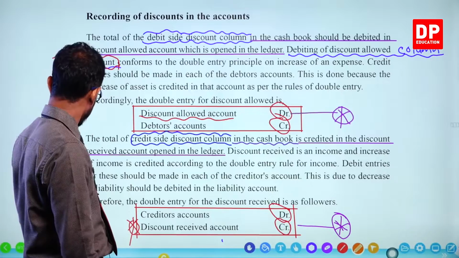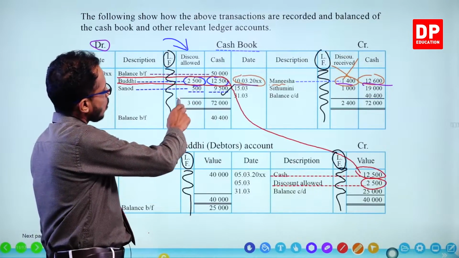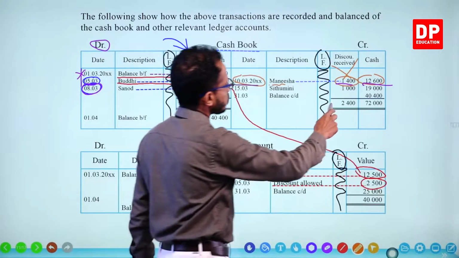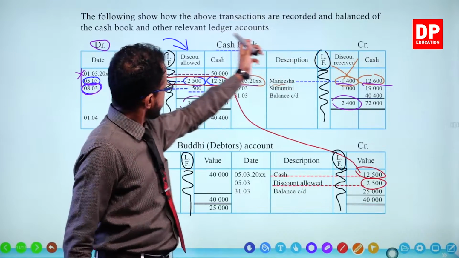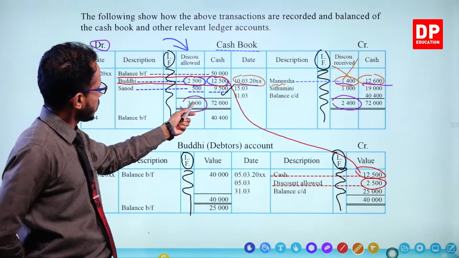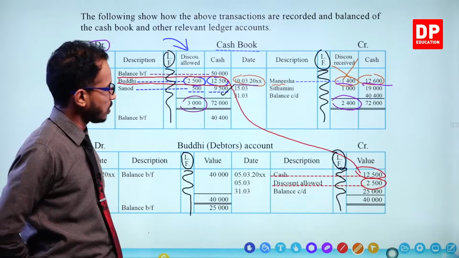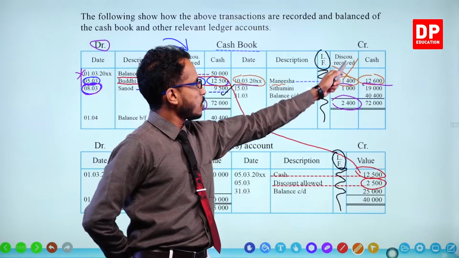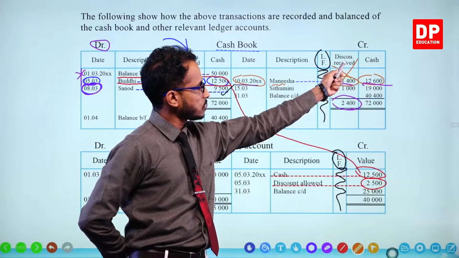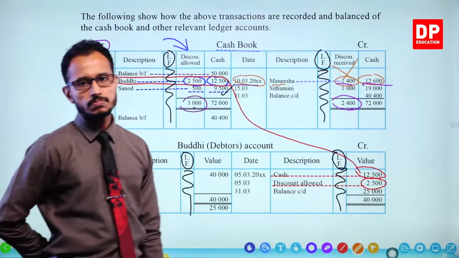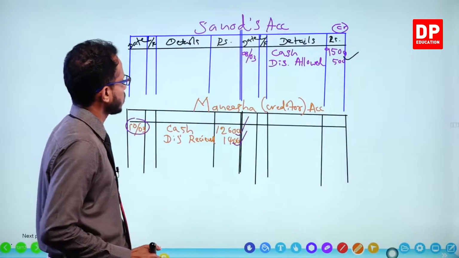The column totals go to those accounts. Discounts allowed account should get the total of the discounts allowed column. Discount received account should get the total of the discount received column. Let's finish it off.